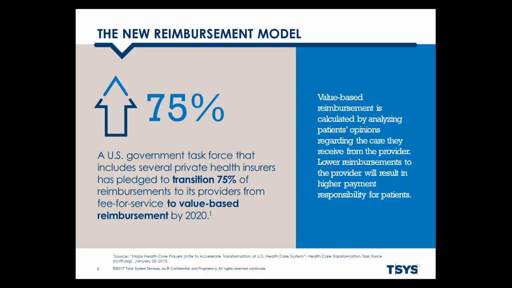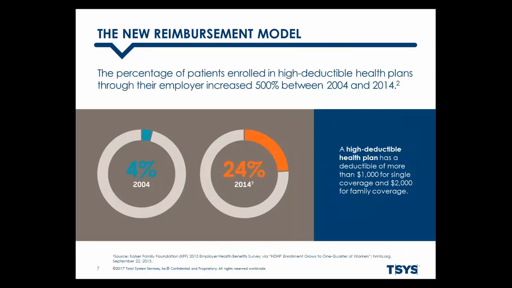In addition to that, we've got employers in the private insurance market that have been looking at ways to cut costs around their benefit expenditure. So we look at 2004, only 4% of enrollees in a health plan sponsored by the employer were in a high deductible health plan.